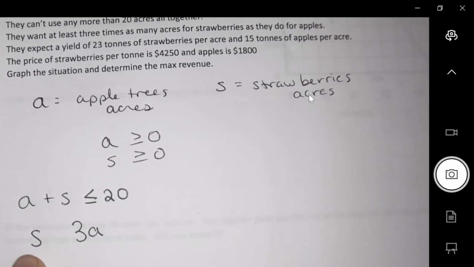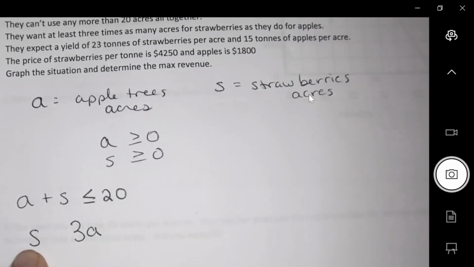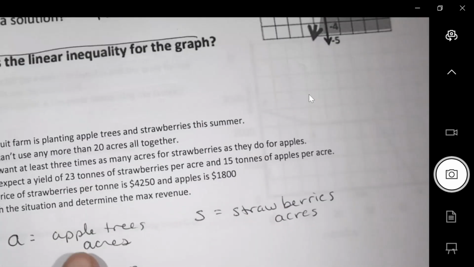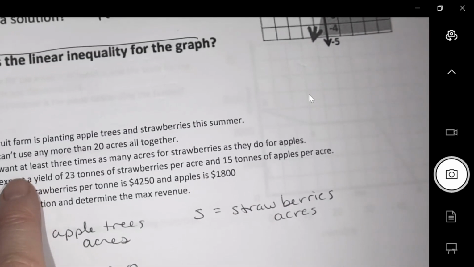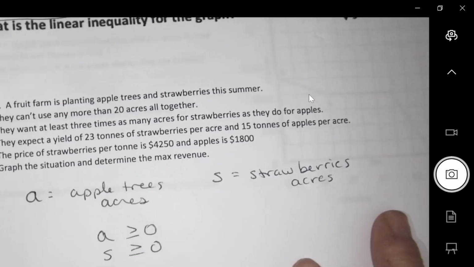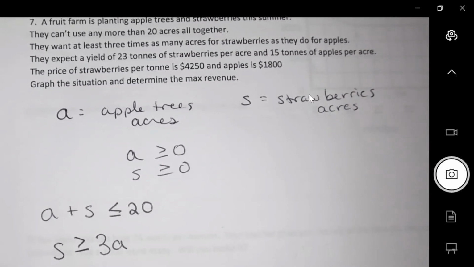So if I plant 10 apples, then this will have to be 30. That's what I always do to double check and say, oh, that makes sense. How do I write this? They want at least that. They want at least. Then that's that.